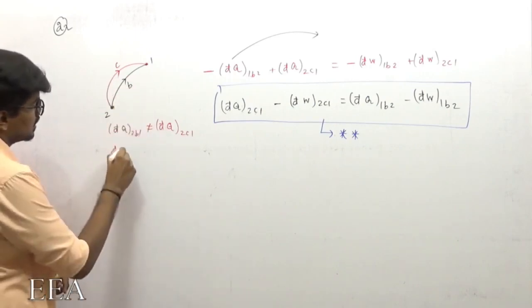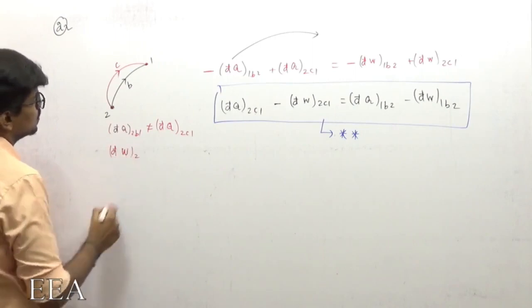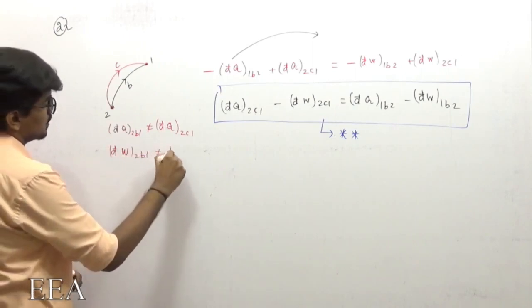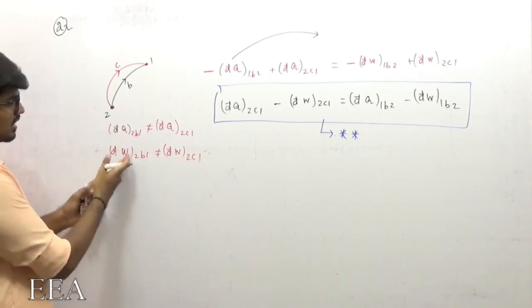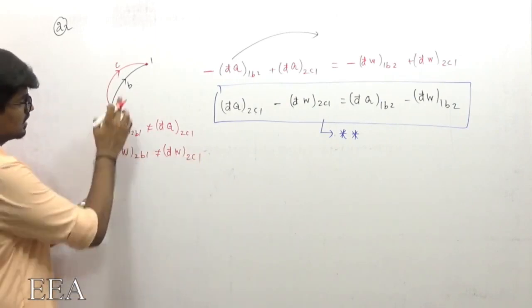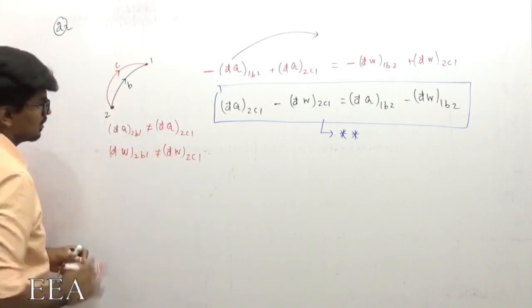Similarly, we know d dash w of 2b1 is not equal to d dash w of 2c1. This is the same thing, because work is a path function, so if I change the path, work will also vary.